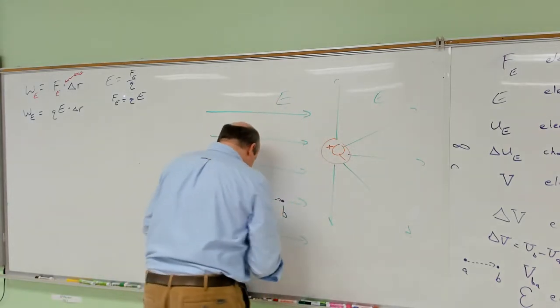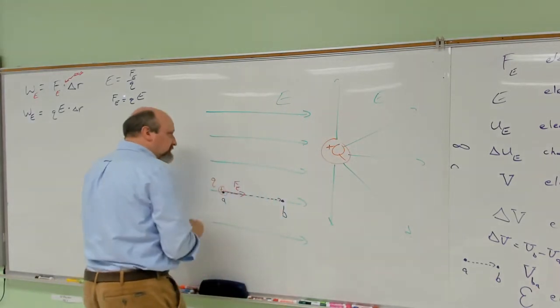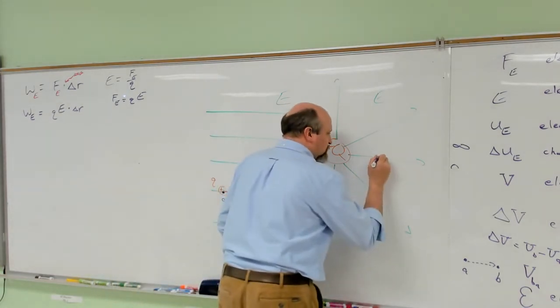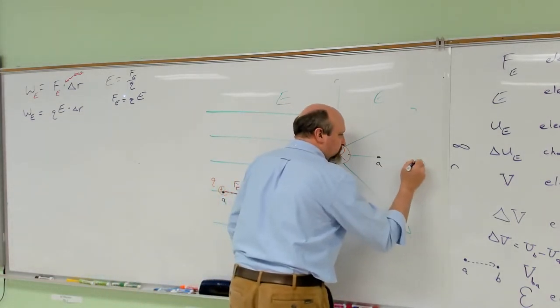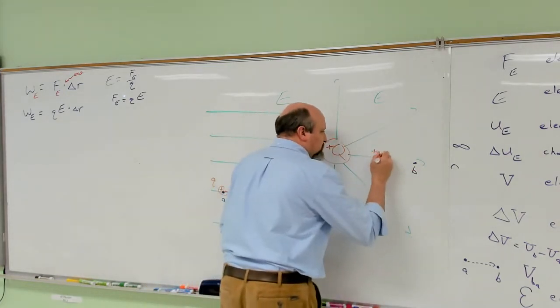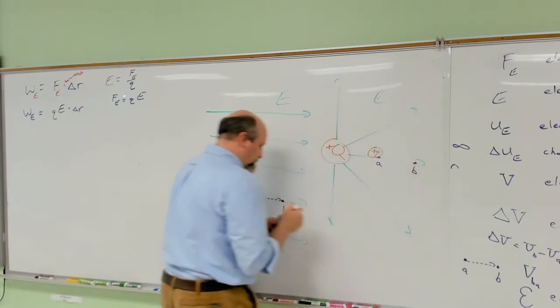And maybe I want to move a little charge in that field. So I want to go from position A to position B, and I want to move my little charge, this little q, from A to B.